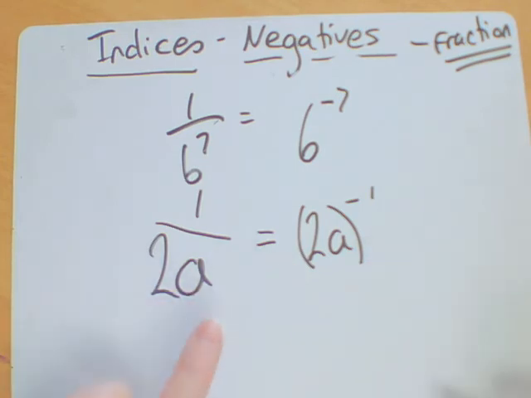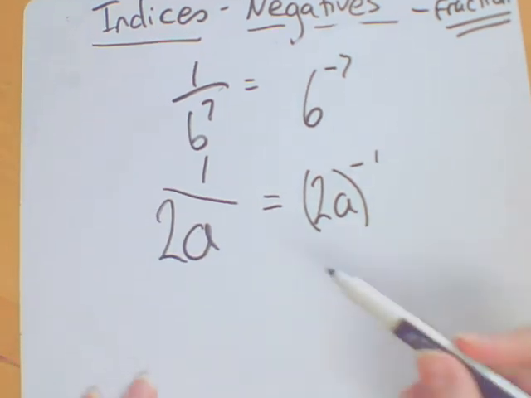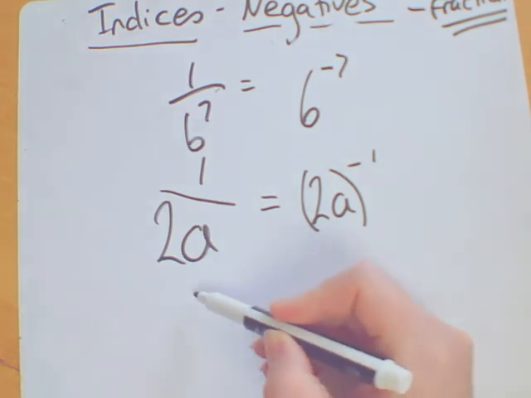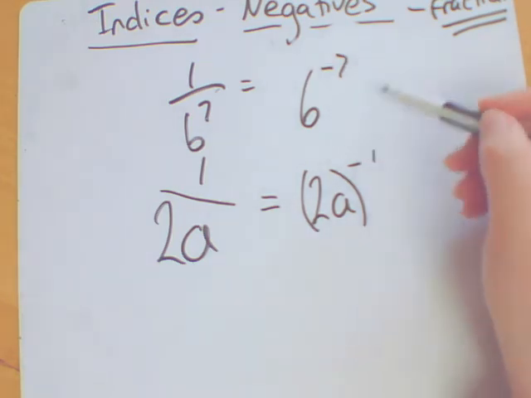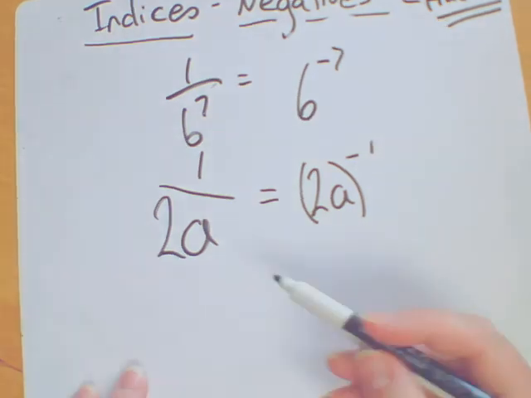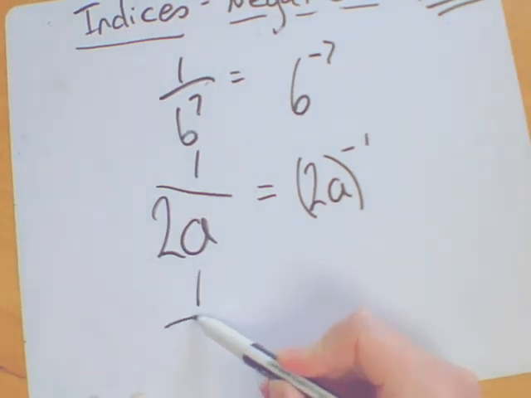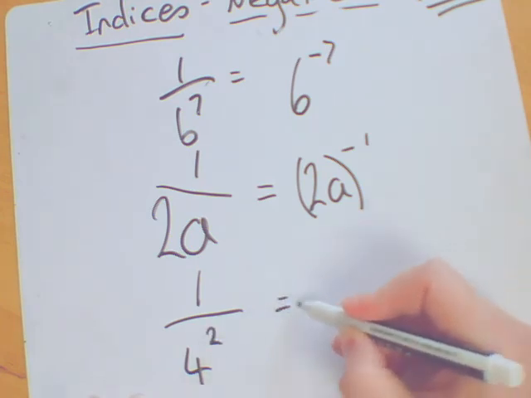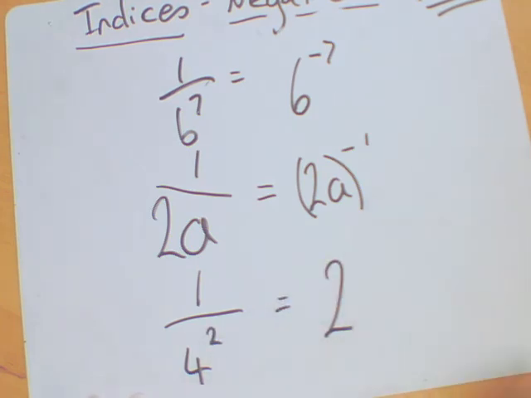Okay. The last step they might do is to make you do this, but write it in a different way. So they could say 1 over 4 squared, but you have to write it as 2 to the power something. And obviously 4 isn't 2 to the power something at the moment, is it?